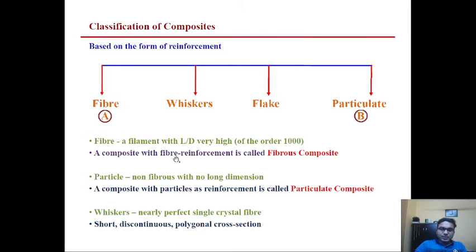A composite with fiber reinforcement is known as a fibrous composite. Then a particle is non-fibrous with no long dimensions, which is completely opposite to a fibrous composite. A composite with particles as reinforcement is called a particulate composite. Then whiskers are nearly perfect single crystal fibers, short, discontinuous, with a polygonal cross section.